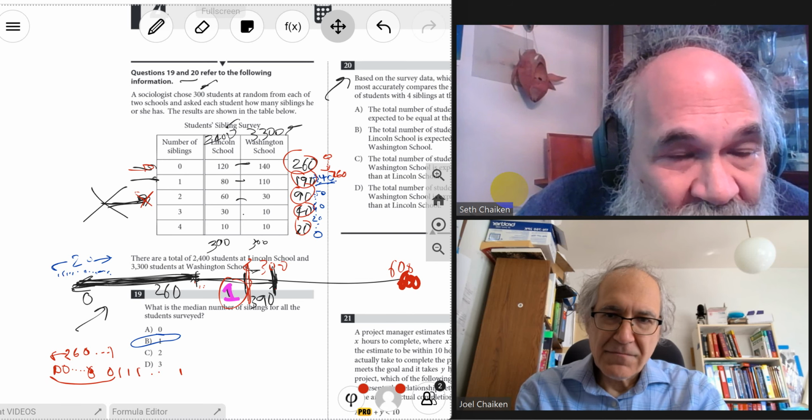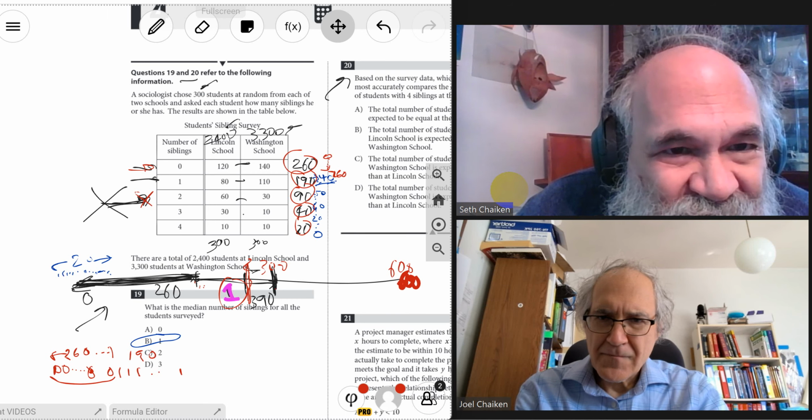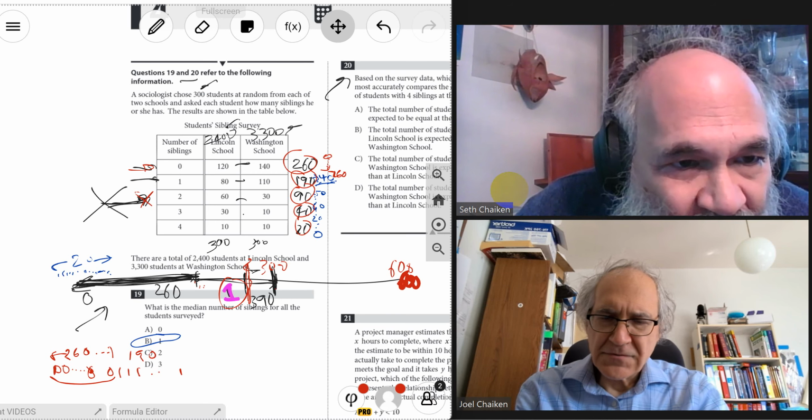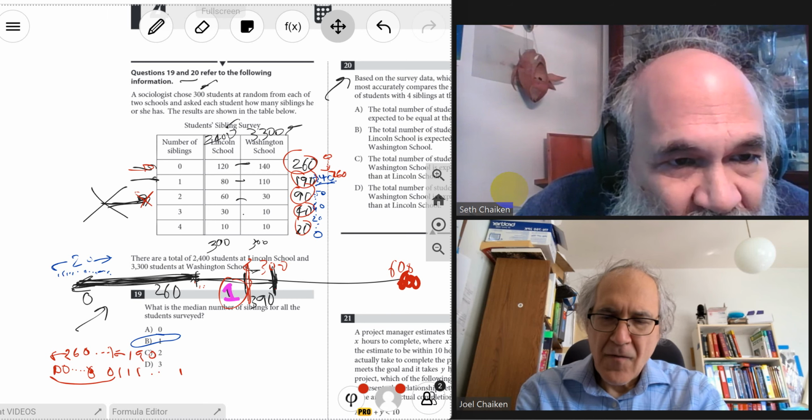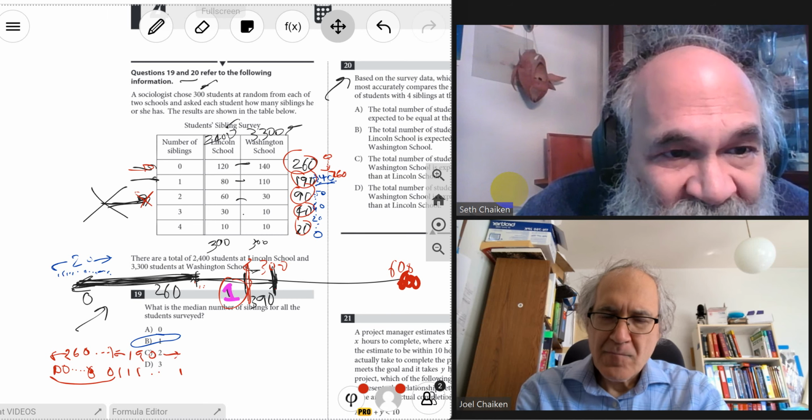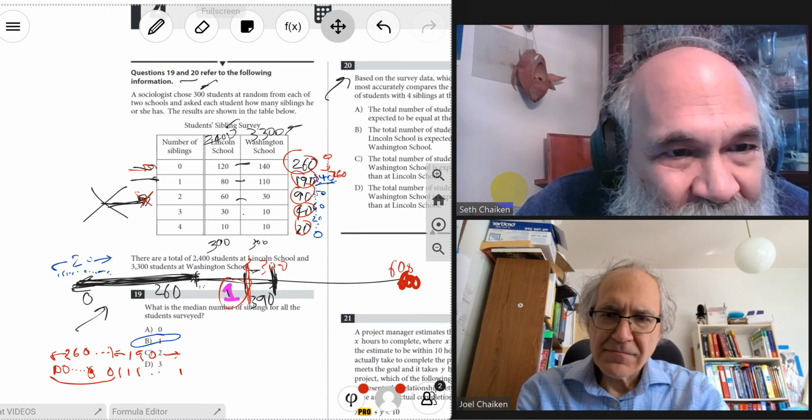190. 80 plus 110 is 190. So I imagine a row of 190 1s.